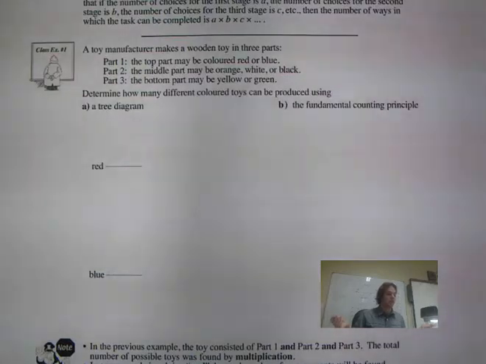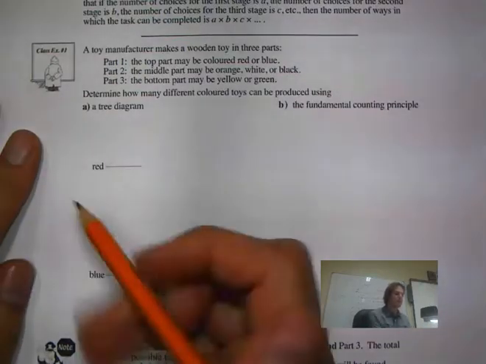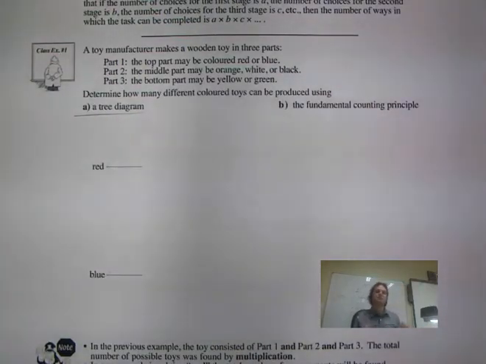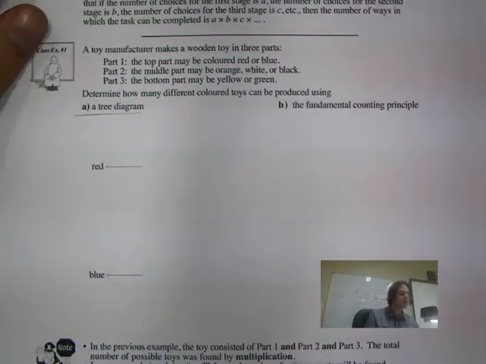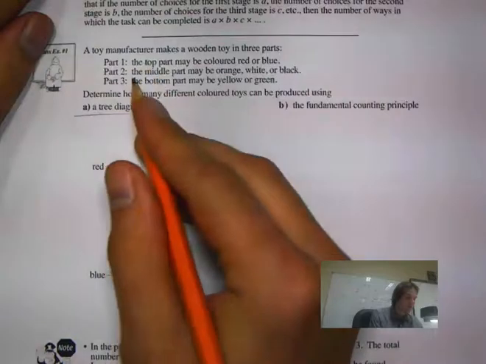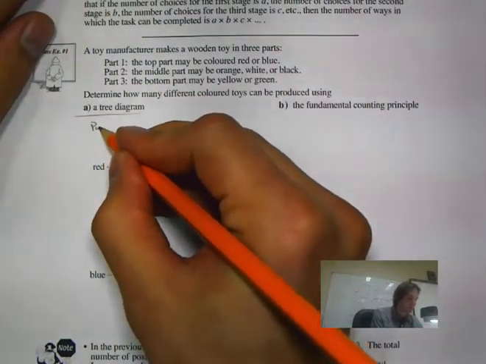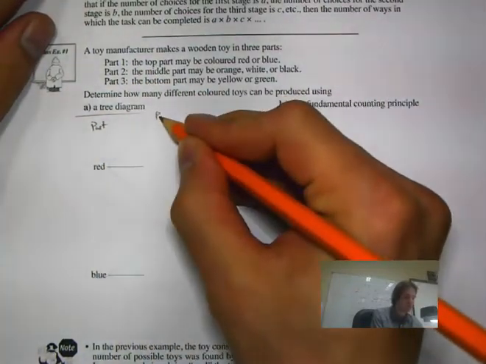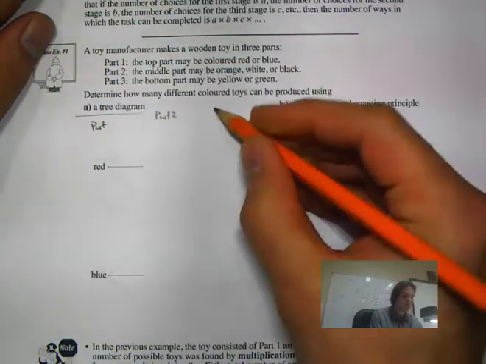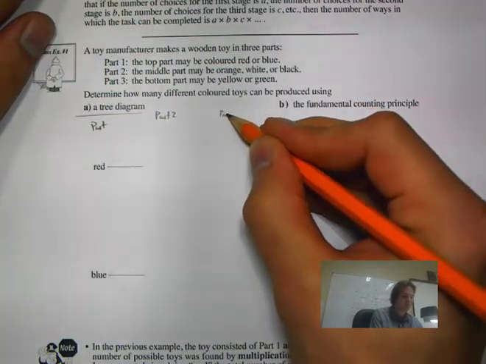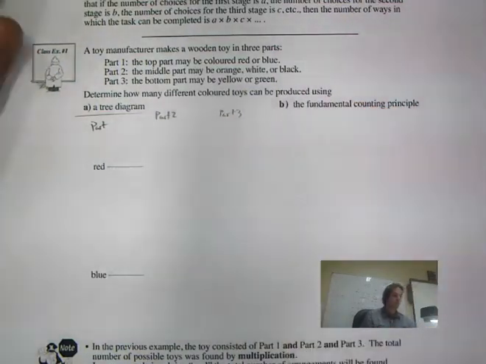Well, that's many parts. So here's one easy way of doing it, and it's probably the simplest way, not the fastest, but the simplest way of doing it. So it's using a tree diagram. So first of all, we have part 1 here, then we have part 2 here, then we have part 3 over here. So part 1 is red.